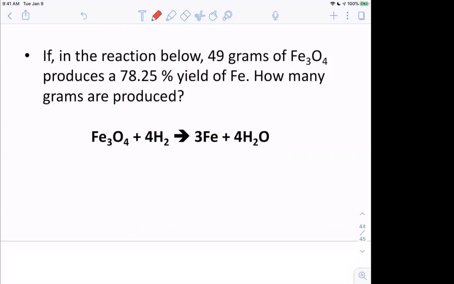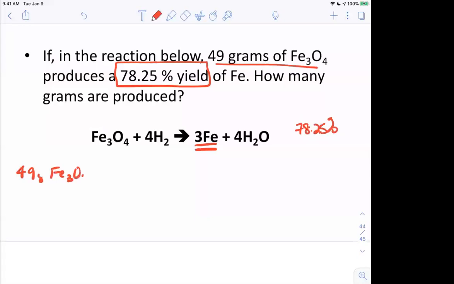If in the reaction below, my percent yield is 78.25, how many grams of iron are actually produced? So my percent yield is 78.25. So I know I am using 49 grams of Fe3O4.